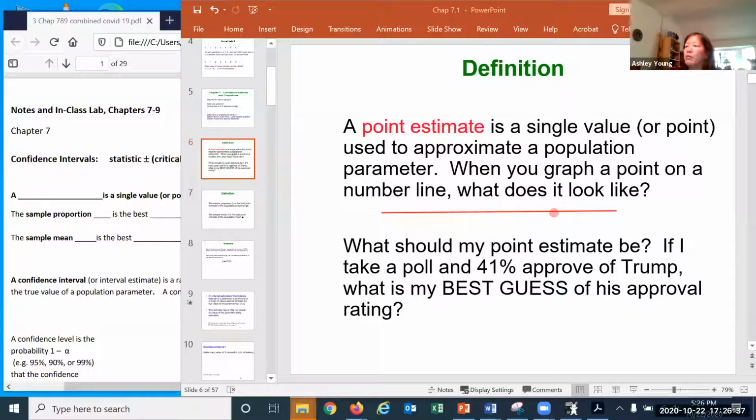All right, so if my sample says 41% approve of Trump, my best guess is that 41% of the whole country approves of Trump. That's why I took the sample in the first place. Whatever you get from your sample, that's your best point estimate.